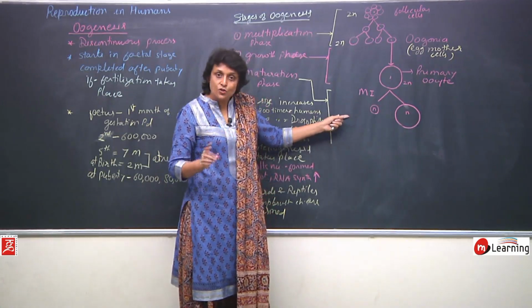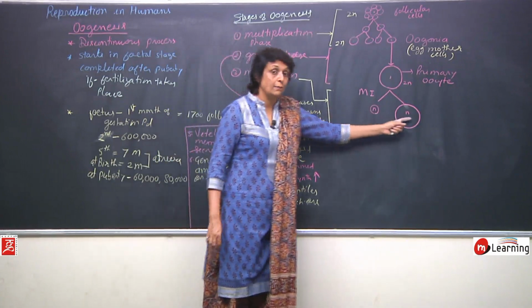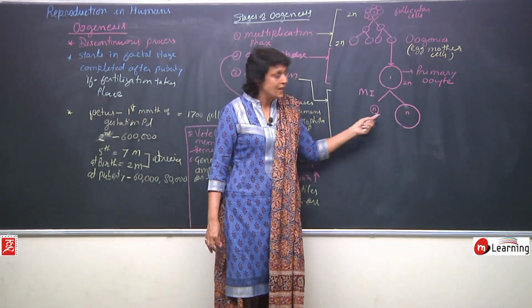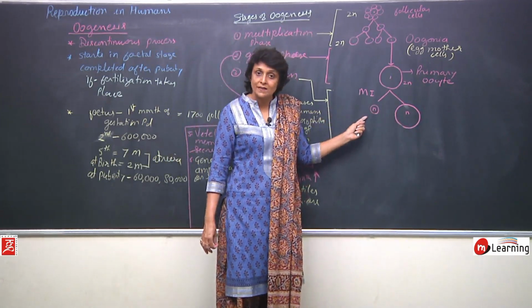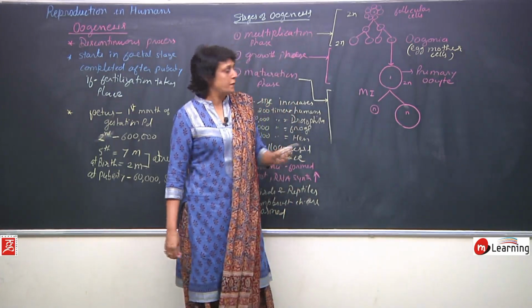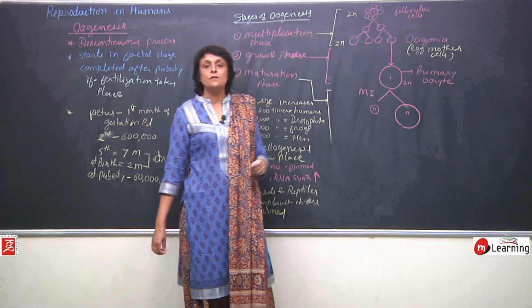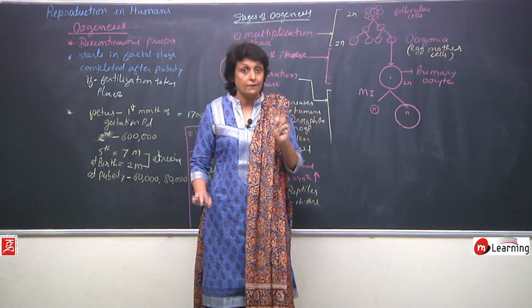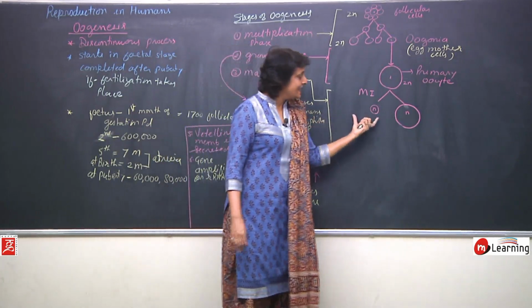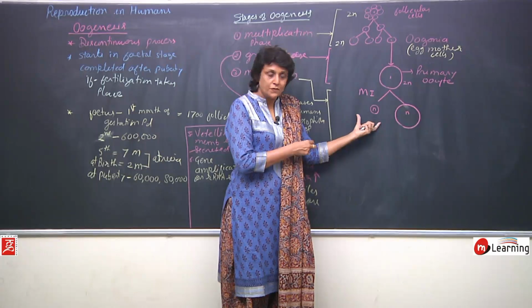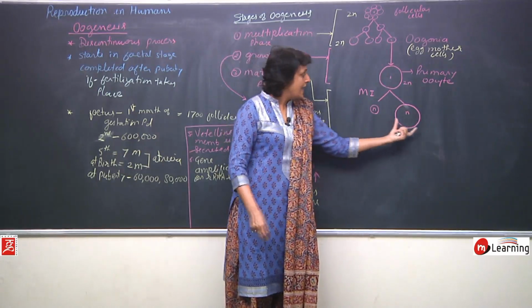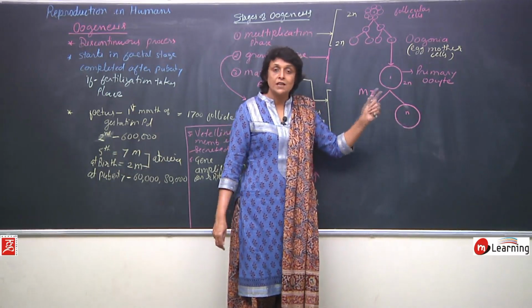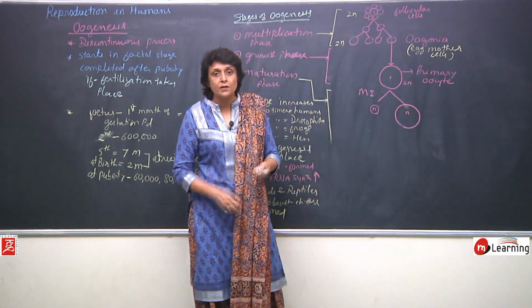Nuclear division has to be proper 50-50 so that haploidy can be maintained, 23 chromosomes here, 23 chromosomes here. If the cytoplasmic division was also equal, then this cell would have received half of the cytoplasm and organelles, and the other cell would also have received half the cytoplasm and organelles.